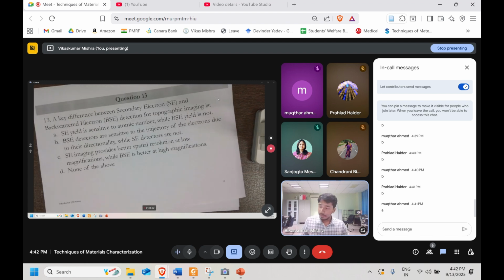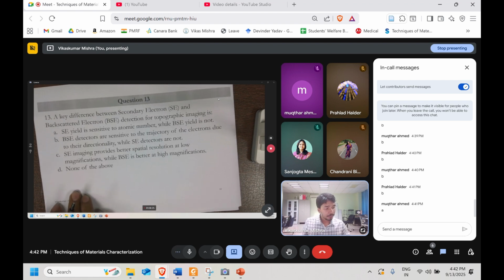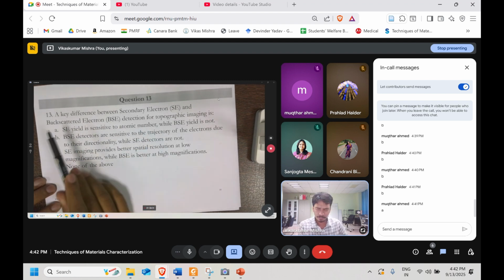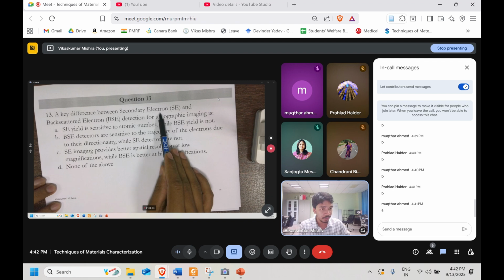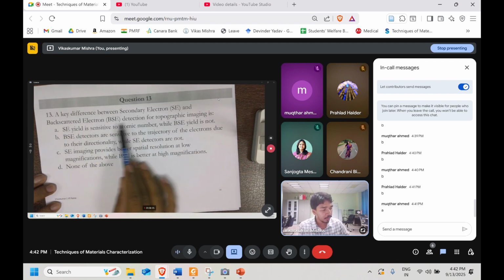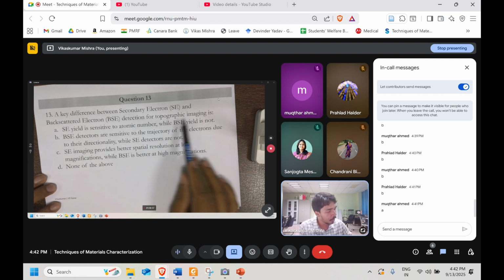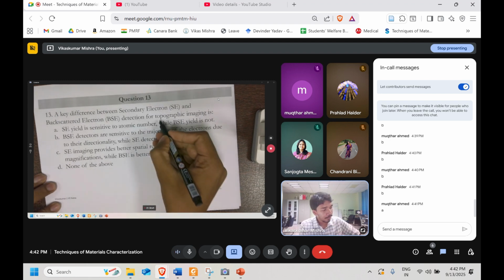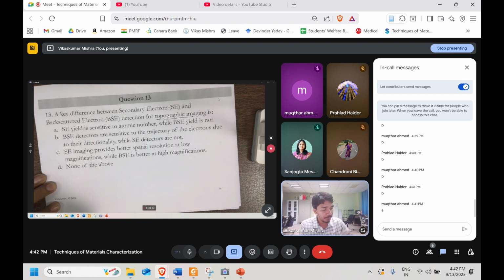Okay, let's go with the next part. 13. The key difference between the secondary electron and backscattered electron detector for topographic images. For the topographic, what is the key difference between them?